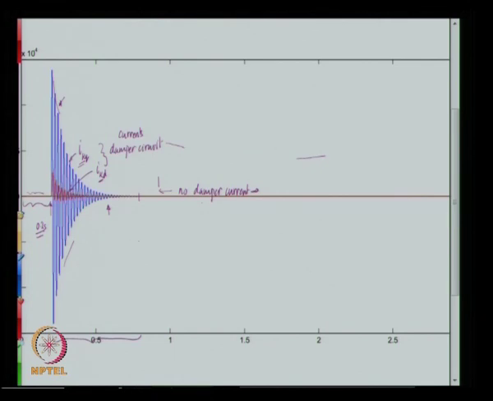So this region is the subtransient region, where there is flow of ikd and ikq in the damper circuits. After this there is no flow of current in the damper; this is then the transient time period, and after that is the steady state part.